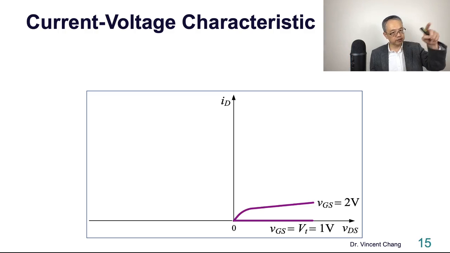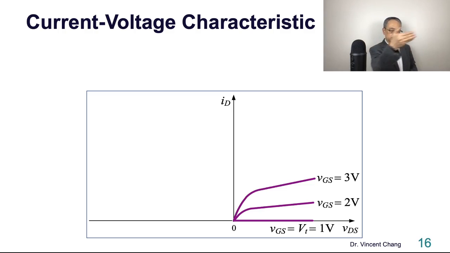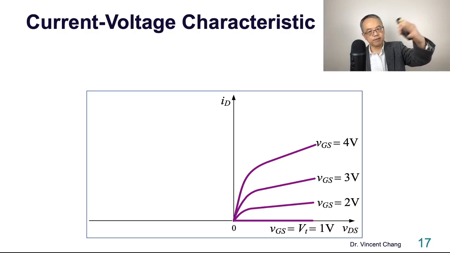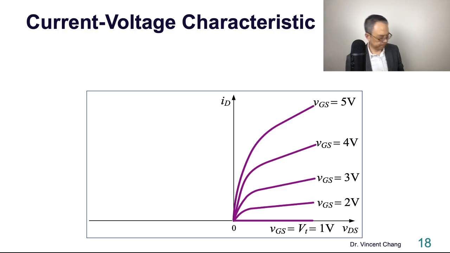So you will see this. It's not a constant current source. It will keep going up. 3 volt, same. 4 volt, the same. And 5 volt, the same. Now think about this.